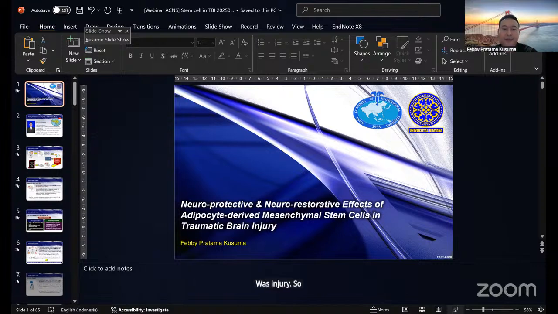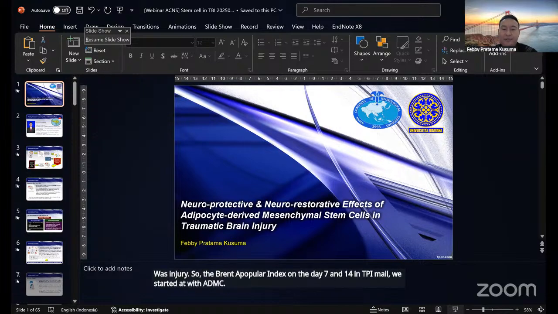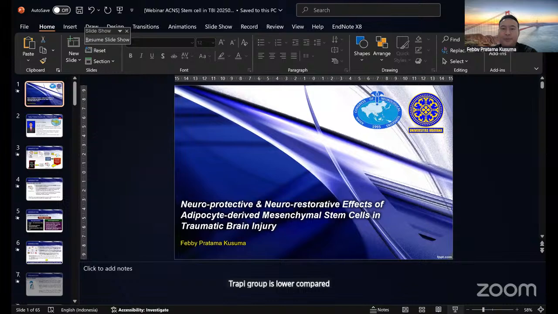So the brain apoptotic index on day 7 and 14 in TBI male Wistar rats with the ADMC therapy group is lower compared to the control group. This is the histologic image of the brain apoptosis index.